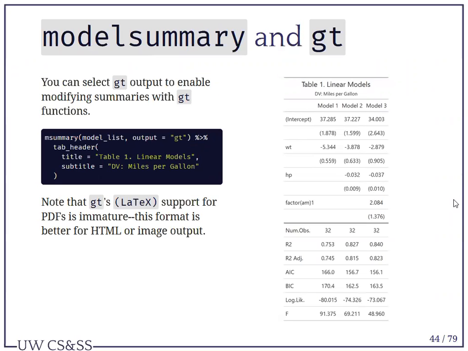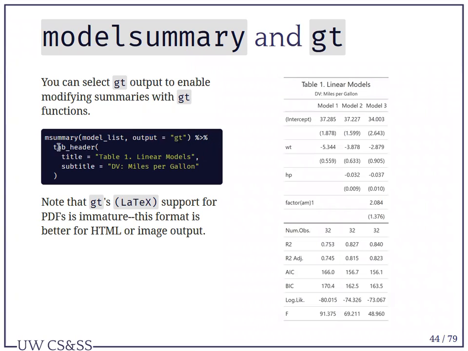That's right. You can select gt output to enable modifying summaries with gt functions. So things like we'll have a model summary on our model list, the output is equal to gt. So that means it's going to be something that's recognizable to the rest of the gt package.